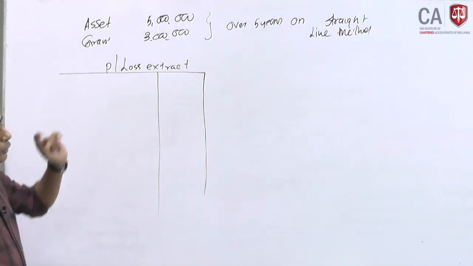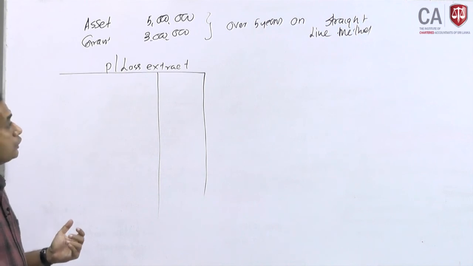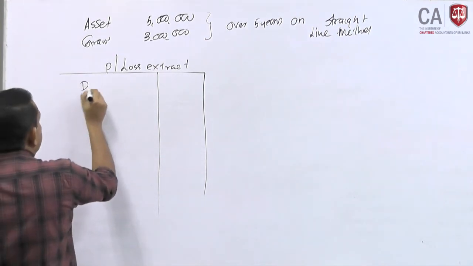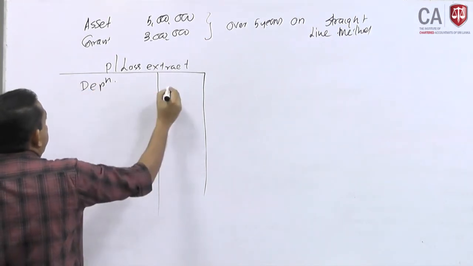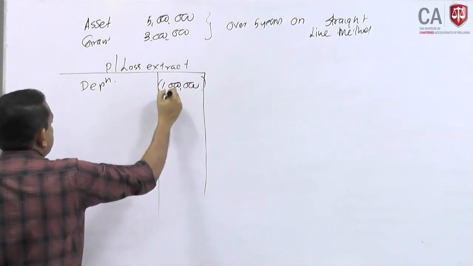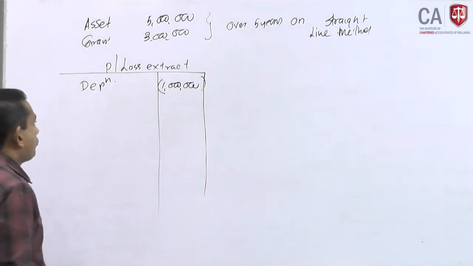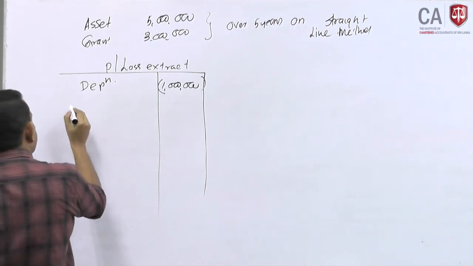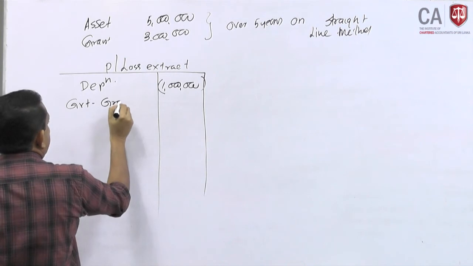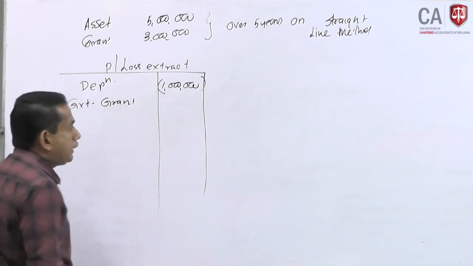Now, the asset value is 5 million rupees, which you start depreciating over 5 years on the straight line method. So, annual depreciation should be 1 million rupees. That is a deduction from the current year's profit. And the government grant should be an income.